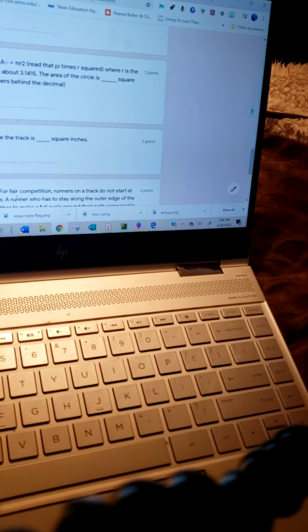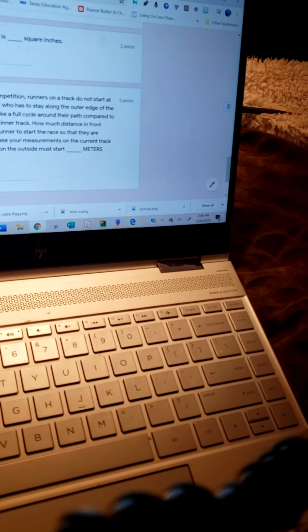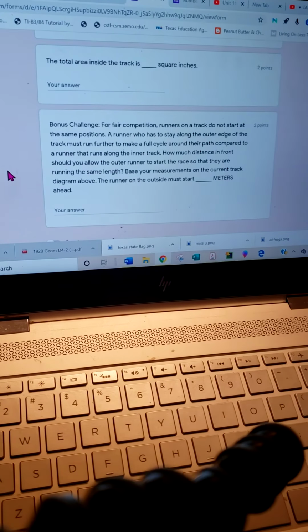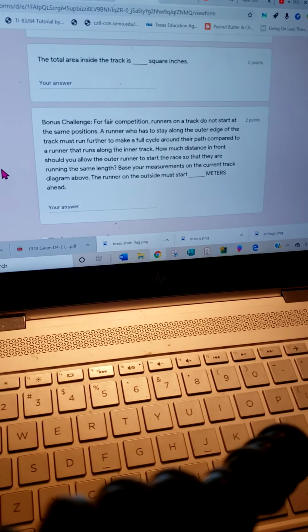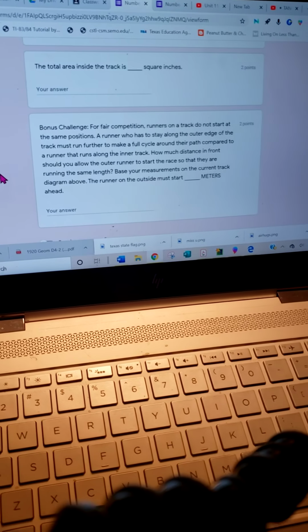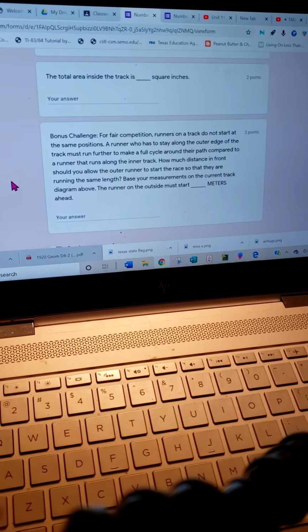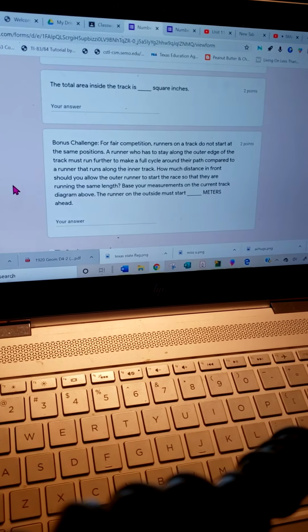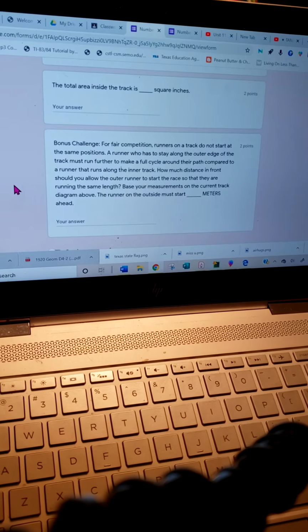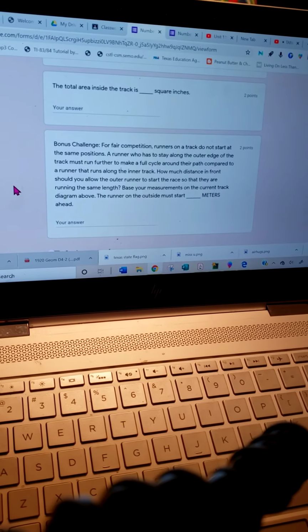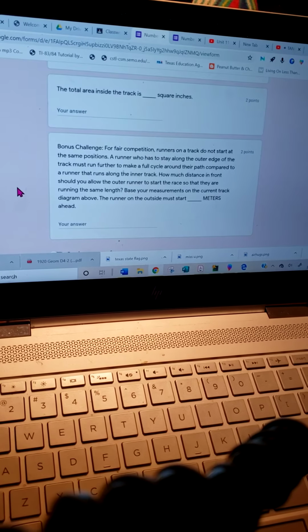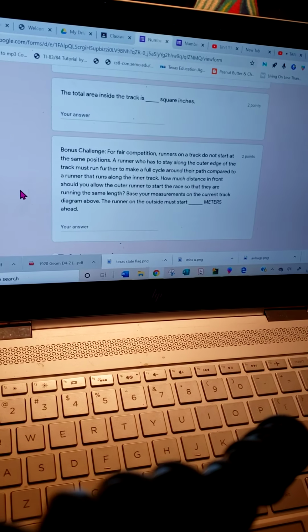All right, bonus challenge. For a fair competition, the runners on a track do not start at the same positions. A runner who has to stay along the outer edge of the track must run farther to make a full cycle around the path compared to a runner that runs along the inner track. How much distance must the runner in front make up?